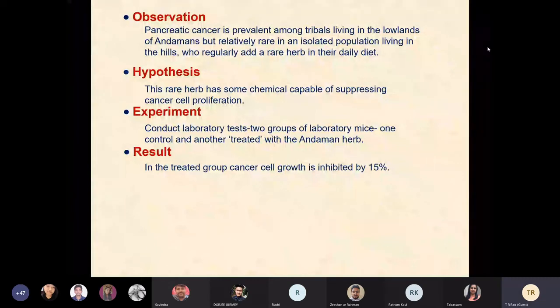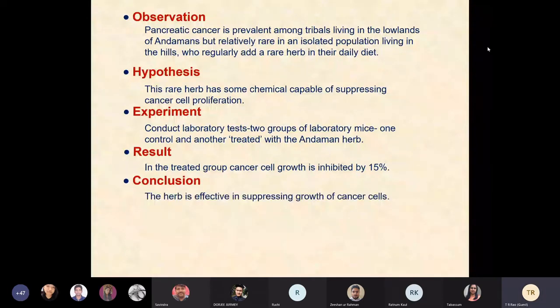Now, is this enough to go ahead and proclaim to the world that we have found a cure for cancer? So you have this nagging fact. Are we sure that it is really the effect of this herb that is acting on the inhibition of these cancer cells? How sure are we? What I want to say is this.